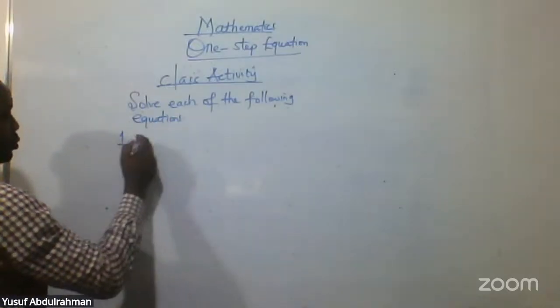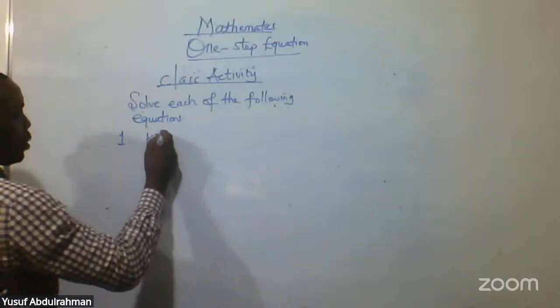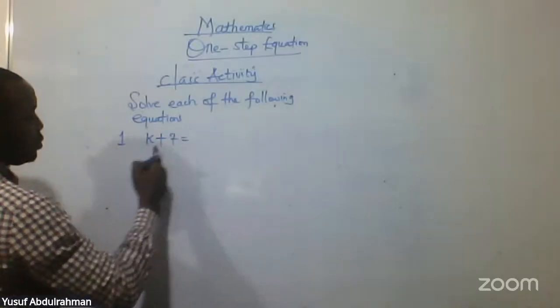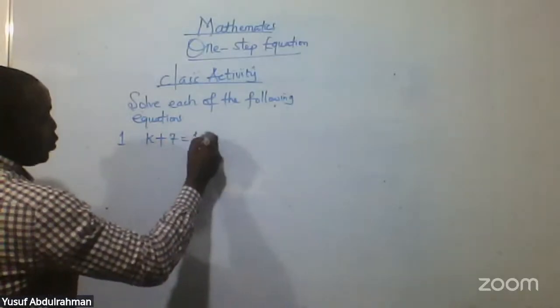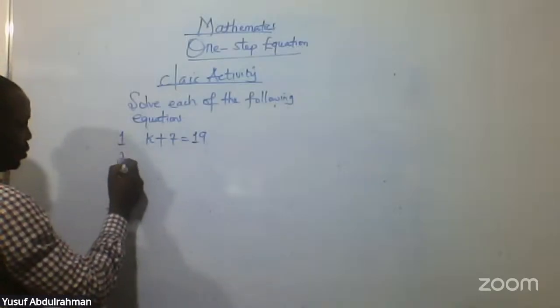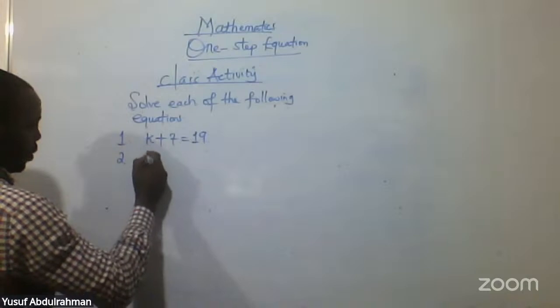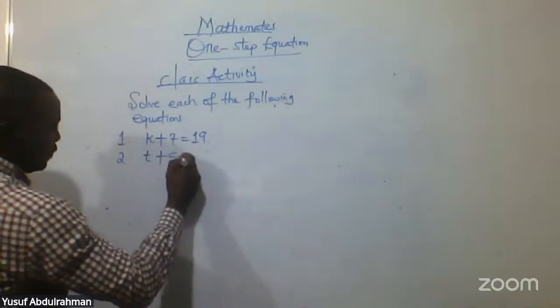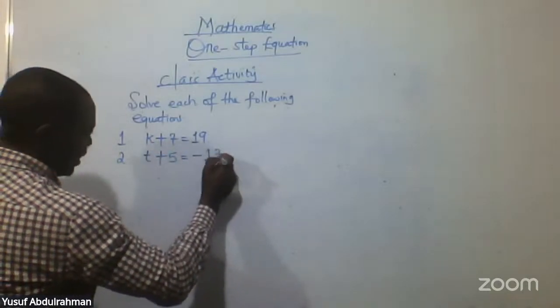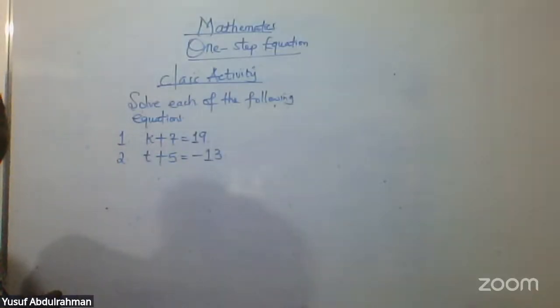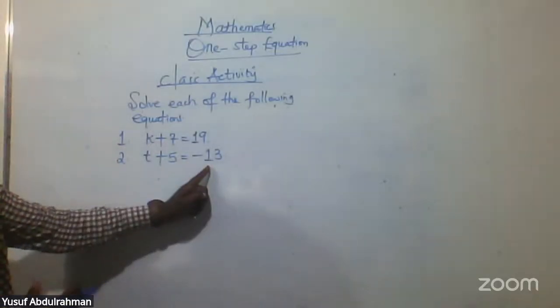Number one, k plus 7 equals 19. Number two, t plus 5 equals minus 13, where the value is negative on the other side.